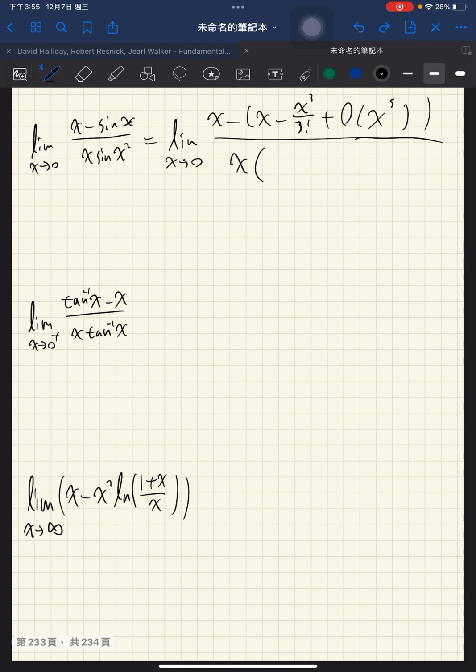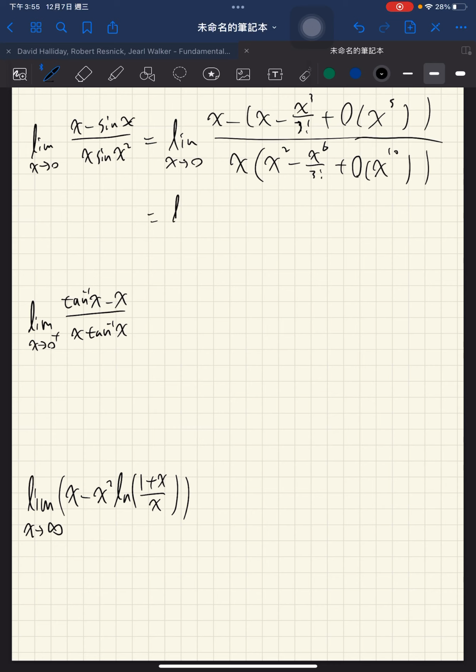So we will get x squared minus x to the 6th power over 3 factorial plus O of x to the 10th power.